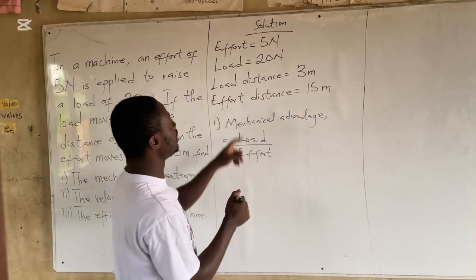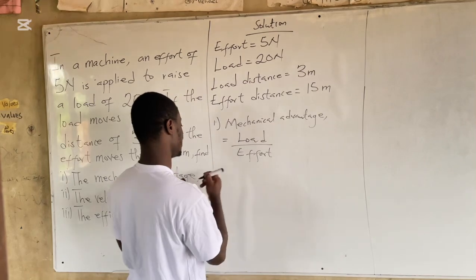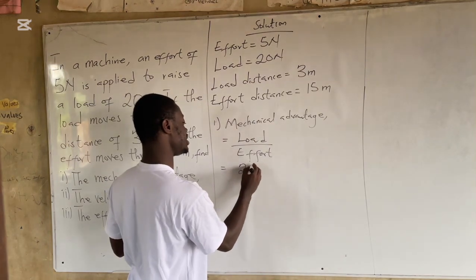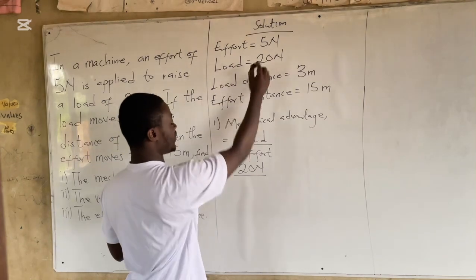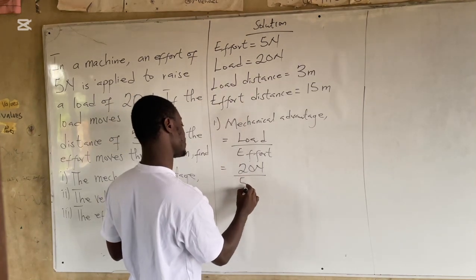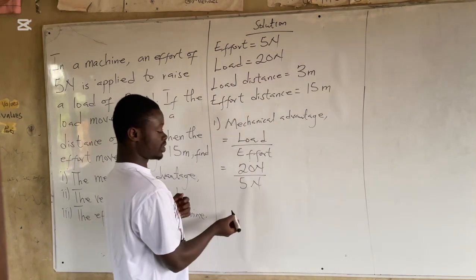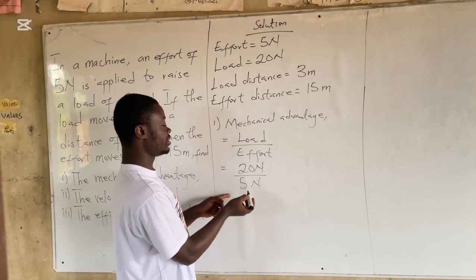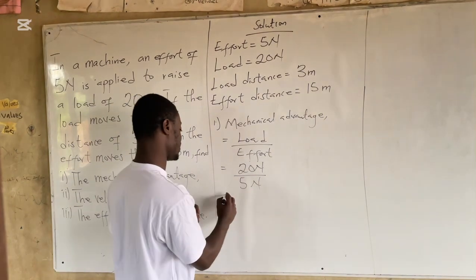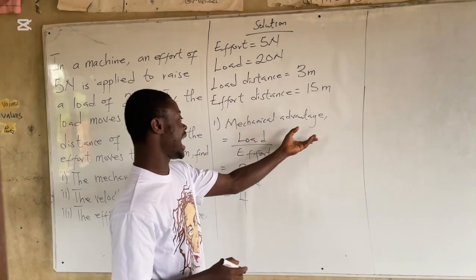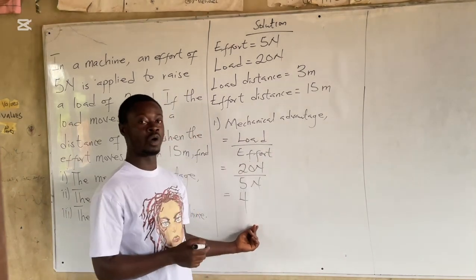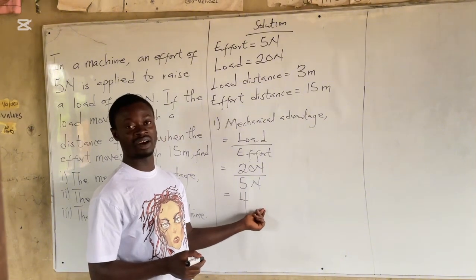From the question, the load is 20 Newtons, so load 20 Newtons over effort. So the effort is 5 Newtons. Good. So 5 goes into 20 four times. Therefore, the answer is 4. Therefore, the mechanical advantage of the machine is 4. Mechanical advantage doesn't have a unit.